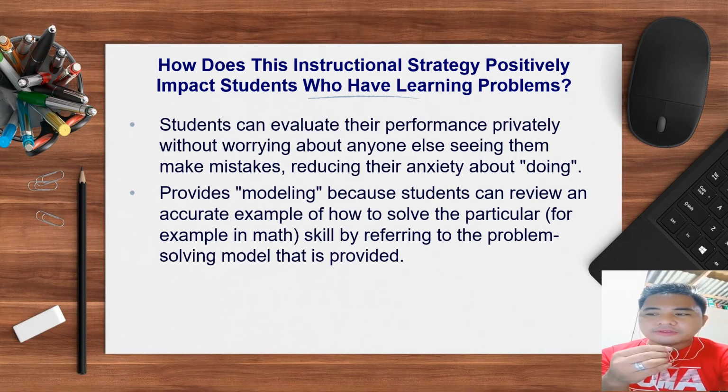Students can evaluate their performance privately without worrying about anyone else seeing them make mistakes, reducing their anxiety about doing math. It also provides modeling because students can review an accurate example of how to solve the particular math skill by referring to the problem-solving model that is provided.